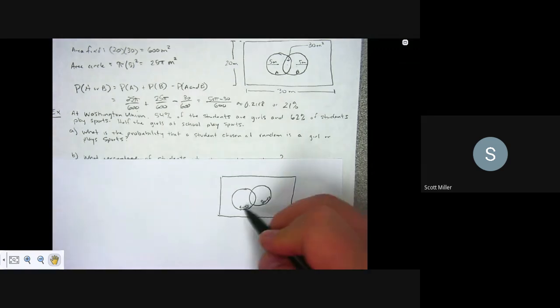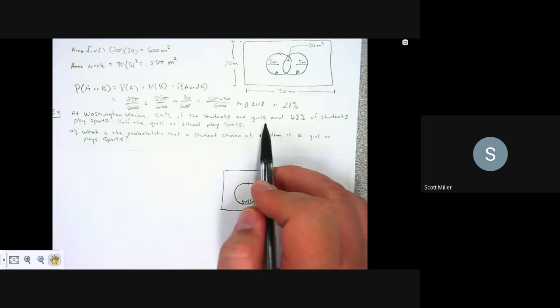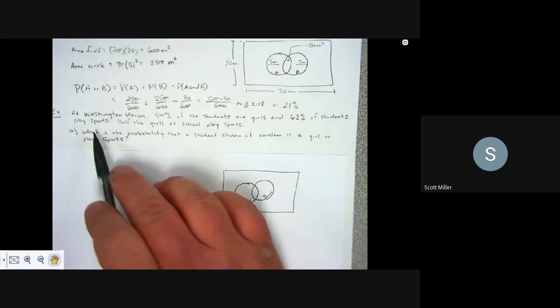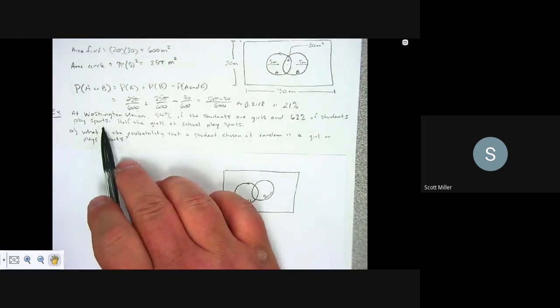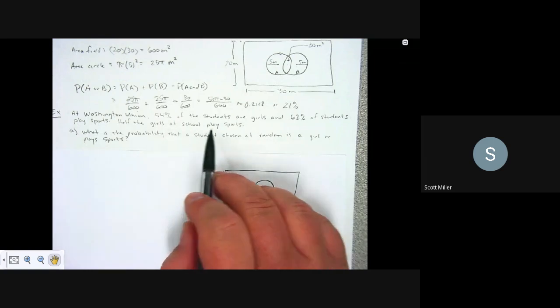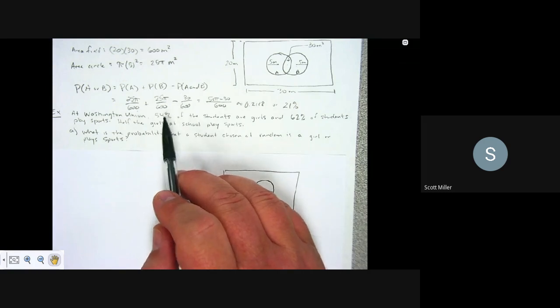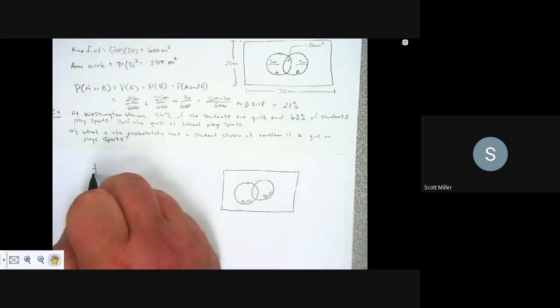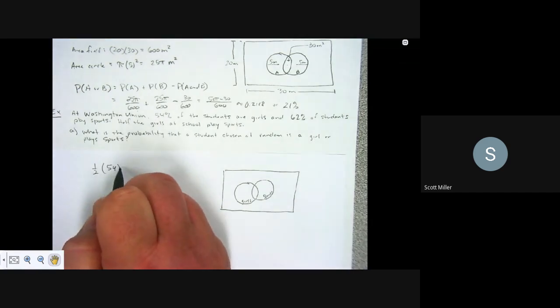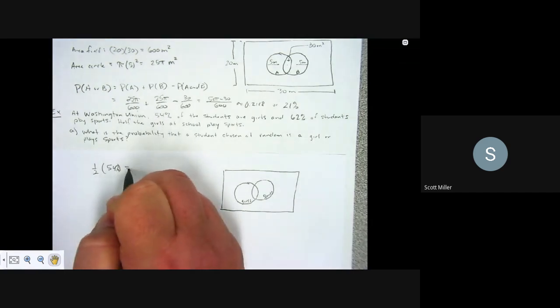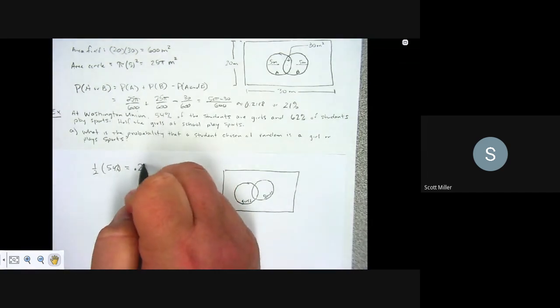So we identify what we have, and then we put in what we know. 54% of the students are girls. 62% of the students play sports. And half the girls at school play sports. Well, what is half of 54%? Okay, and you can work that out. So what is 1/2 of 54%? And you're going to get 0.27.